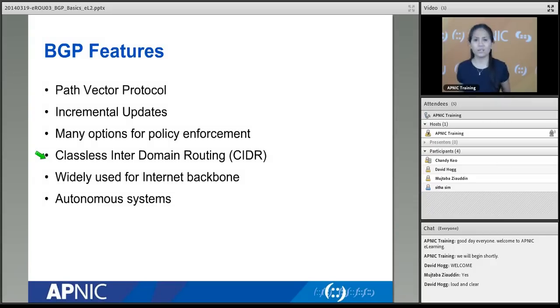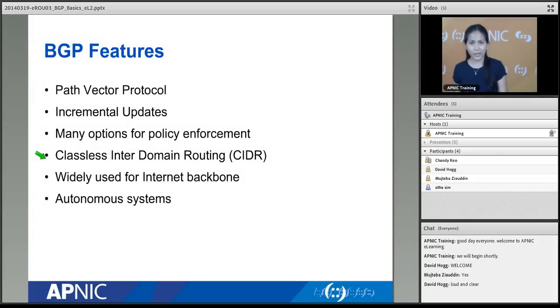You can think of it as a bit like distance vector protocol. Distance vector protocol is concerned with hops. It's concerned with reaching point A from point B using how many hops. But rather than the number of hops, in path vector protocol, this is a simplified definition of course, we are using what we call the AS path.